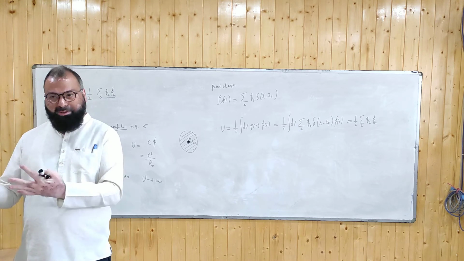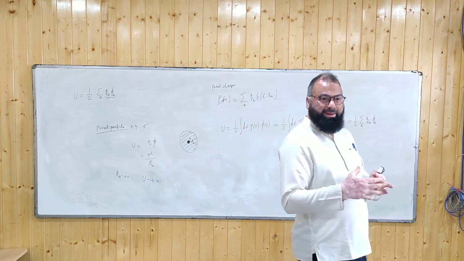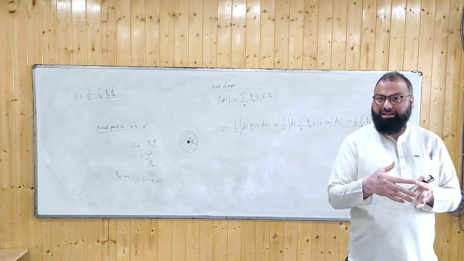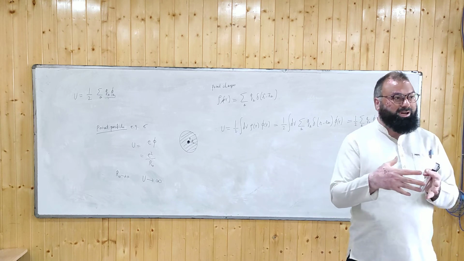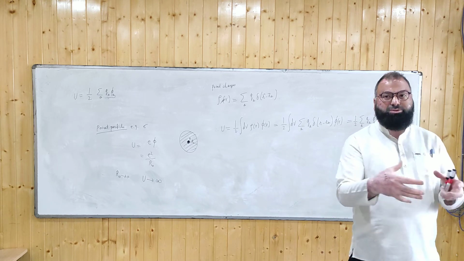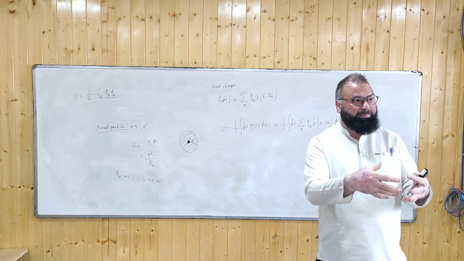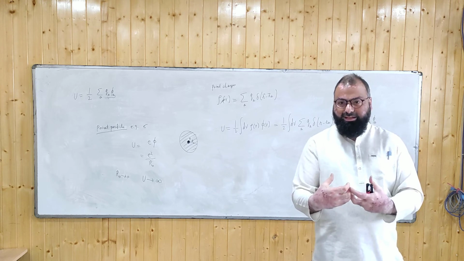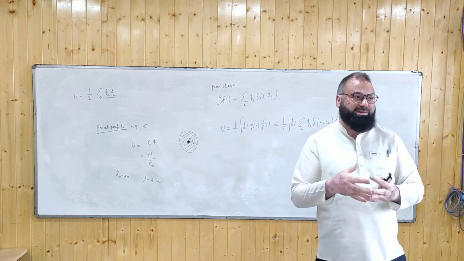P is proportional to v, and the proportionality constant turns out to be the mass of the particle. Mechanically, P is equal to mv. Clear? You accelerate the particle, give it momentum, and you observe the mass. The coefficient of the linear velocity always gives you the mass.